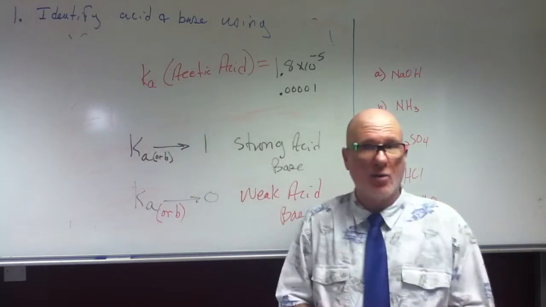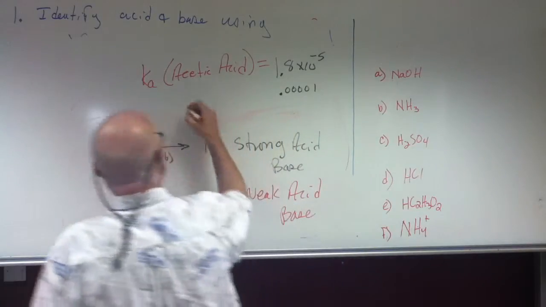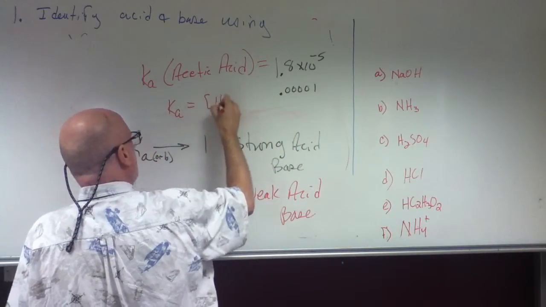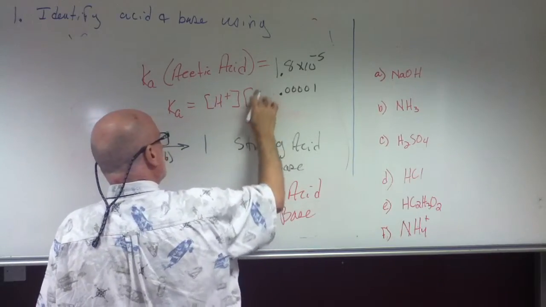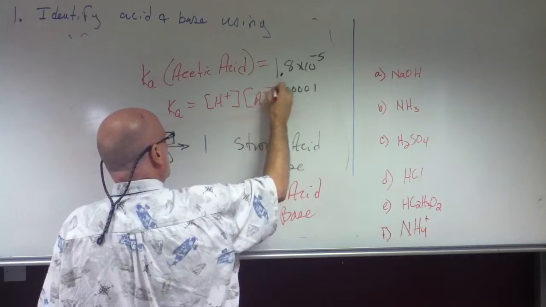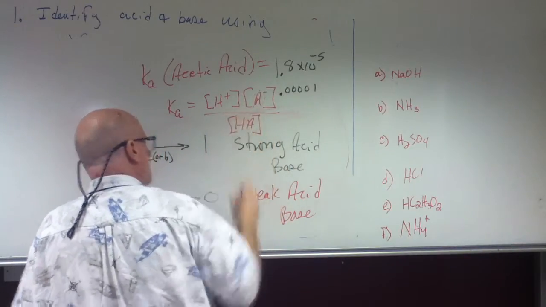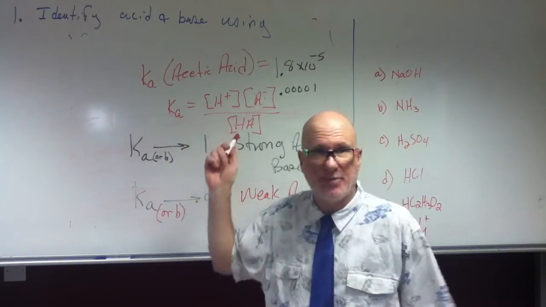And why is it weak? Because you have this. Watch. Ka equals products over reactants. This could also be a Kb expression, same thing.